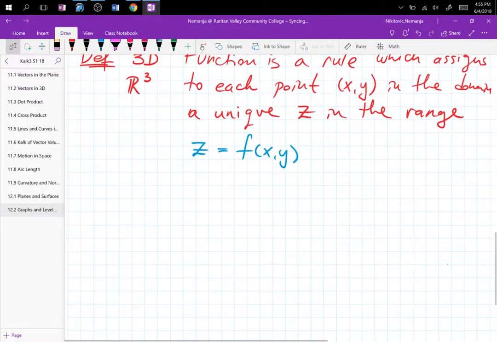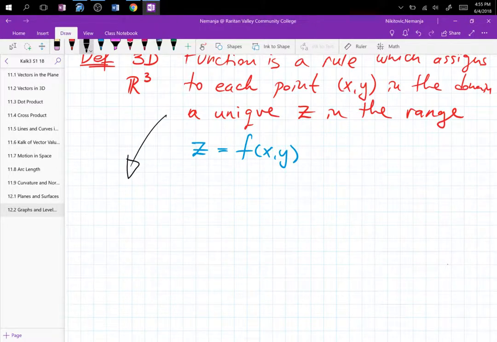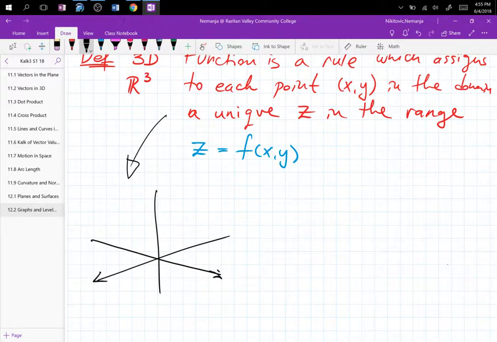So now, if we are thinking about this 3D case, and we have some shape, that shape will have a domain. So let's draw.